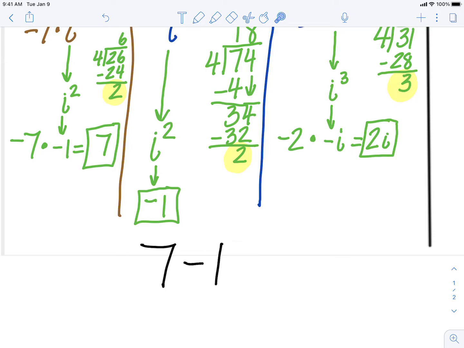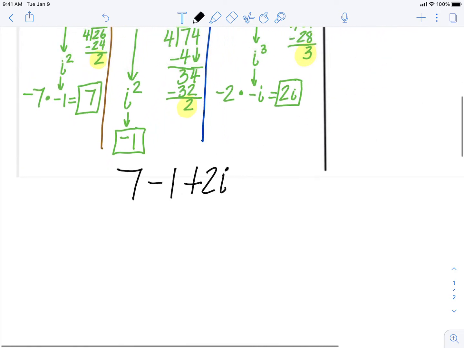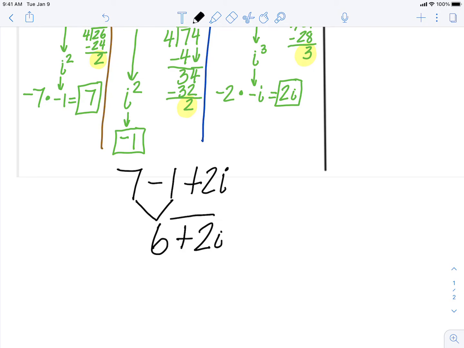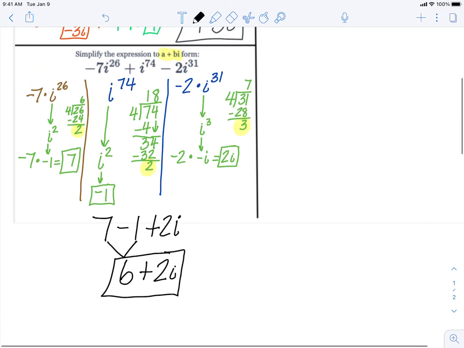And now my imaginary number is a positive 2i. Let me draw a better i. And what's great is, look, 7 minus 1, I can reduce. 7 minus 1 is 6. And then I bring down my 2i. And this is my simplification of all of that.